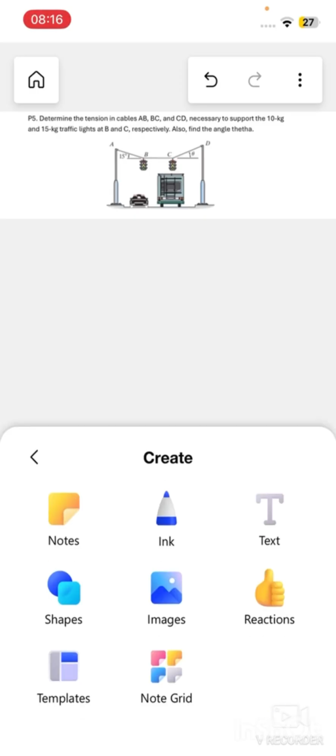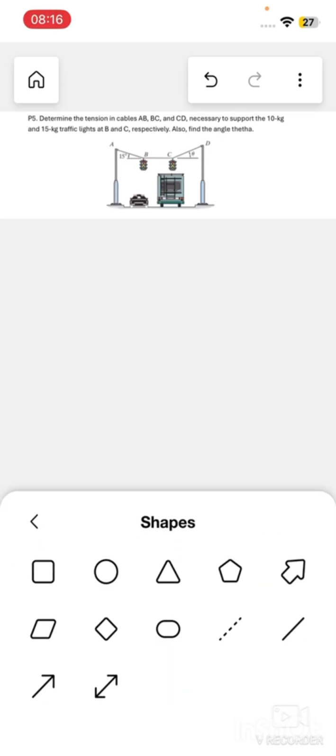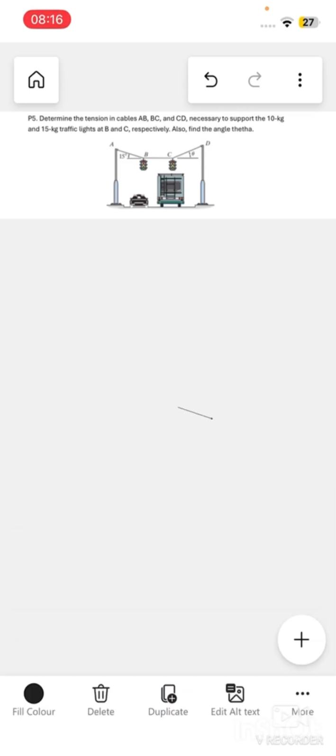Let's attack this question. The first thing that we have to do is to draw the diagram. So, let's draw the diagram for point B. We can say we have joint B and joint C. Let's draw the diagram for point B. This is FAB, if I'm correct.